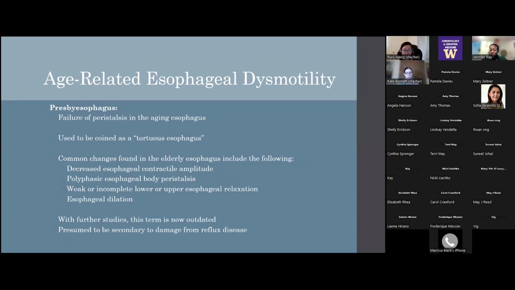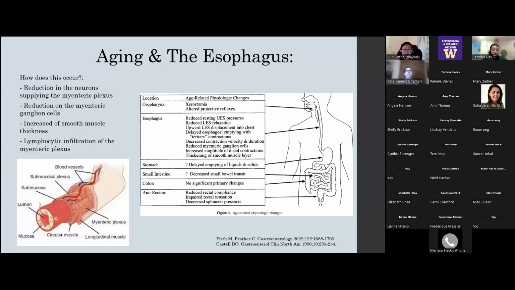So more studies were needed to kind of take a look into this. So I was able to find some. So how does this occur as we get older? So I have a representative cross section of the esophagus in terms of the longitudinal muscle, myenteric plexus, mucosa, submucosa, etc. So as we get older, we have a reduction in neurons supplying this myenteric plexus, and those will be the driving force for peristalsis as we get older.